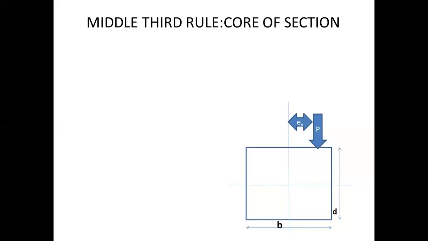Now a load P is applied parallel to the y-axis at a distance of Ex from the y-axis. So this P load is known as eccentric load and Ex is eccentricity.